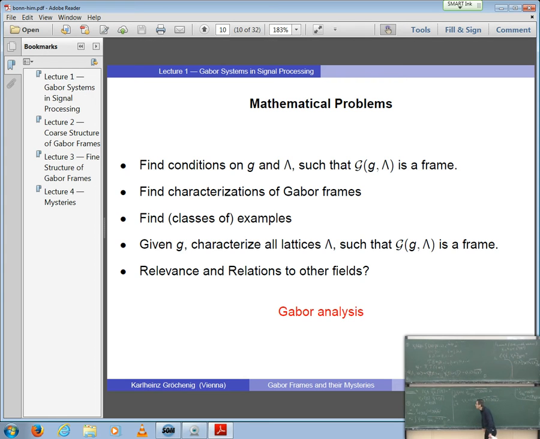Now, how do I end up with this formula? So I bring this over. This gives, up to a phase factor, exactly what's here. So if I bring this over, then I have the inner product of h with a time frequency shift of f, and I switch. So this is then exactly what's written here, and I want it in this order.